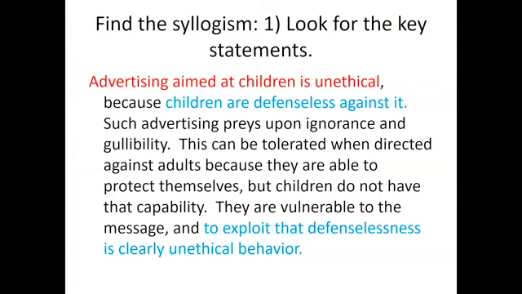And that's because they are ignorant and gullible, and don't have the intellectual capabilities that adults normally have to defend themselves against the advertising, which preys upon the ignorance and gullibility, as it says here. So, yeah, that explains and sort of supports that key statement there.